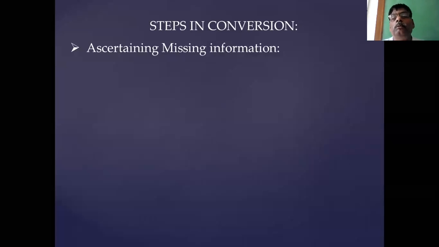Okay. So missing information may be relating to opening balances of the accounts, or closing balances of the accounts, or any account item, any transaction is omitted, asset balances, liability balances, purchases, sales, like that. You have to go through missing information.